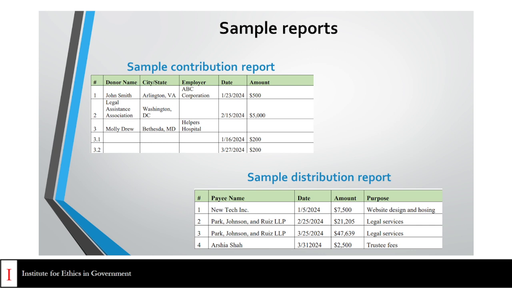On the distribution sample, notice how the purpose listed here is web design, legal services, or trustee fees. These descriptions are not very detailed, in part to avoid disclosing any information that could be privileged under the attorney-client privilege. OGE advises that the report purpose be nonspecific, similar to the examples on this slide.